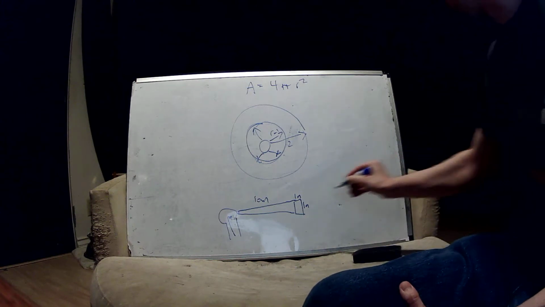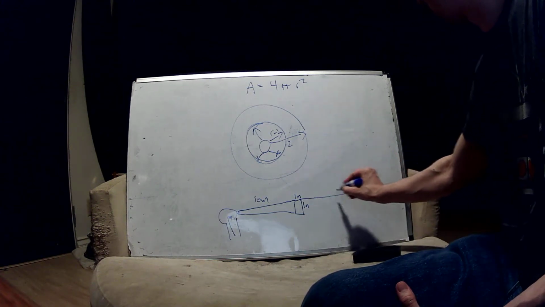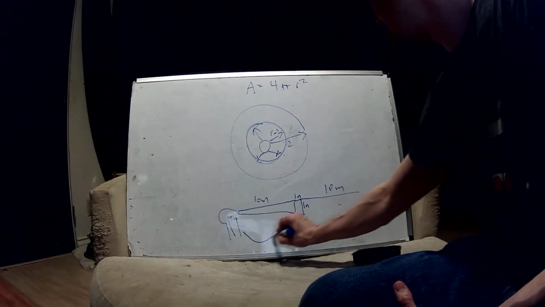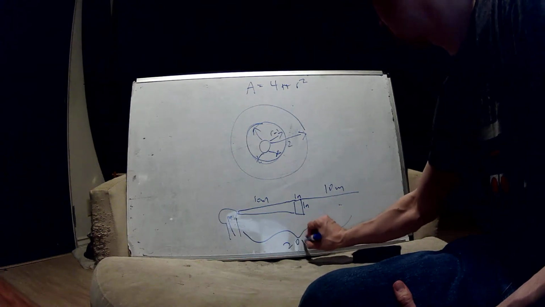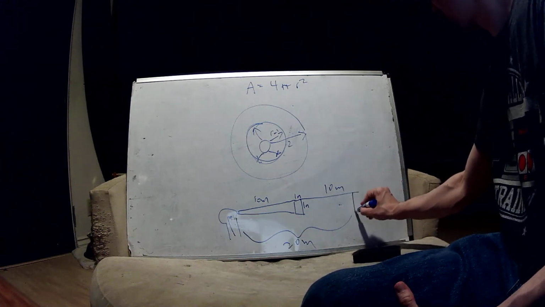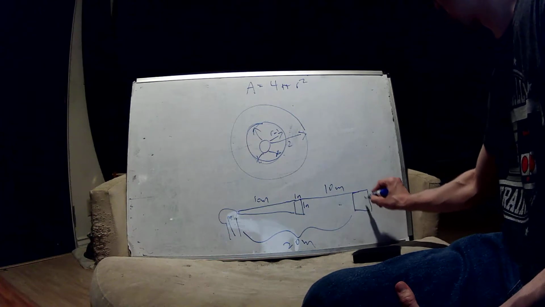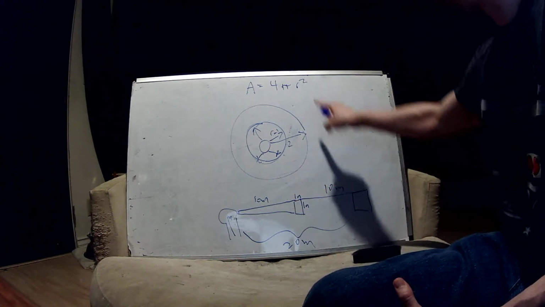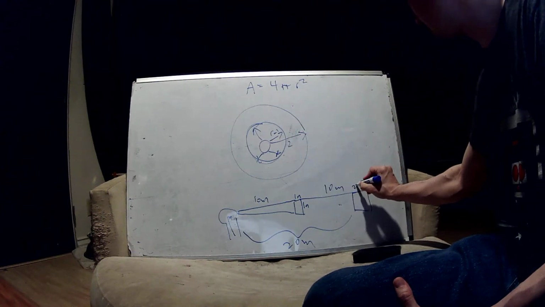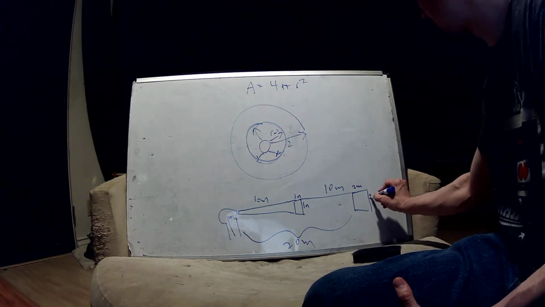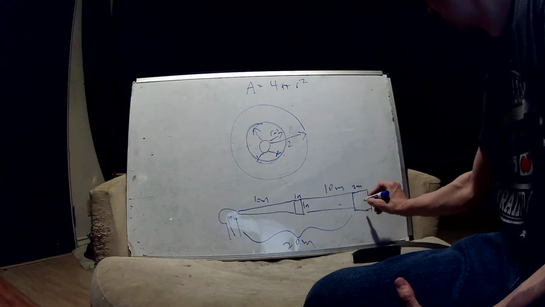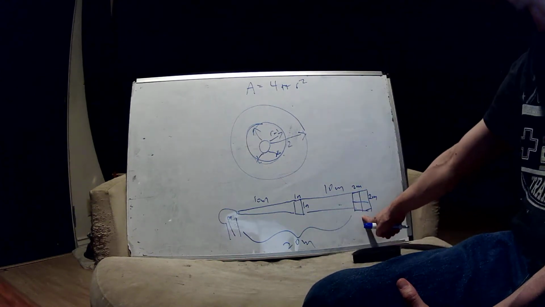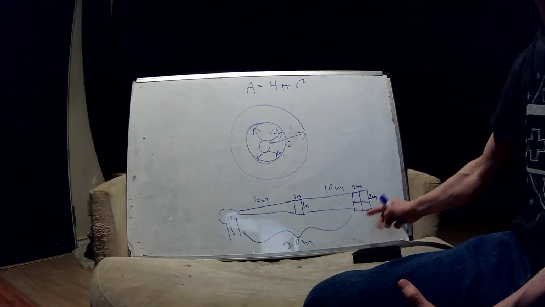What does that mean? Well, at a distance of another 10 meters for a total distance of 20 meters, what size screen is it going to cover at that distance? Well, instead of being 1 meter on a side, it should be 2 meters on a side, so 2 meters by 2 meters. That's 4 square meters, right? 2 times 2 is 4.